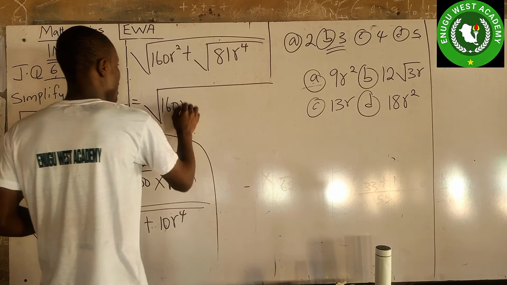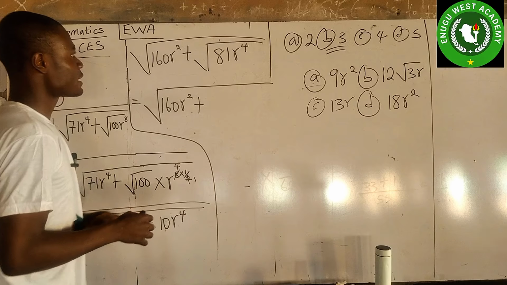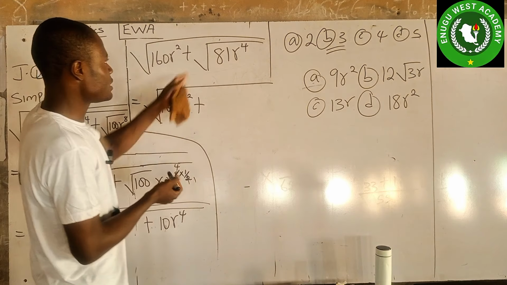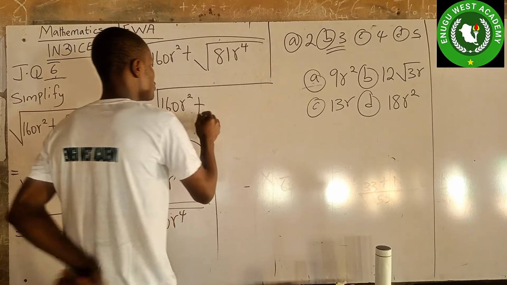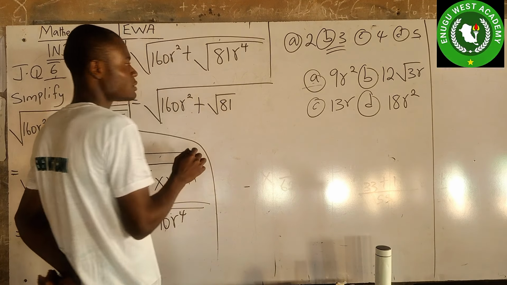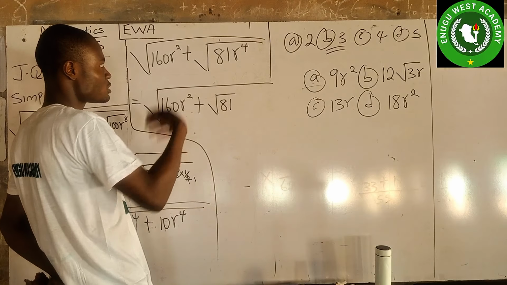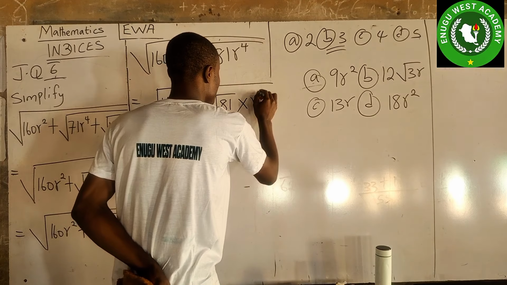160 r square plus. Now let's make use of the square root again. We are going to have square root of 81 times r raised to power 4.